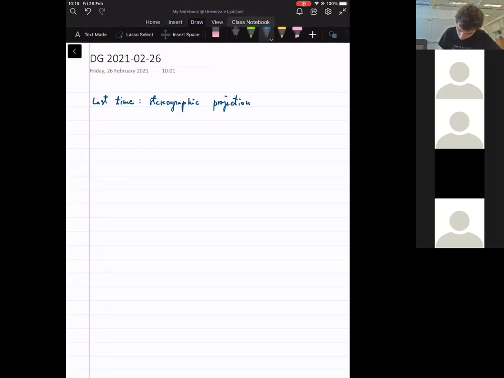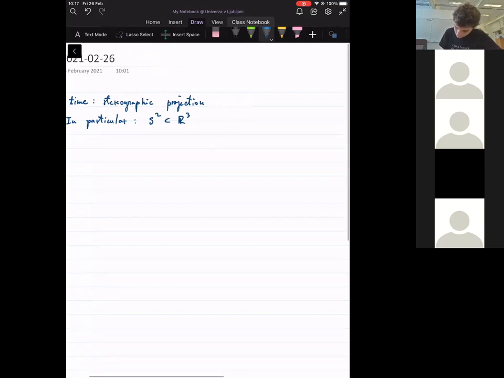So we have, in particular, S2 as a subset of R^3. Now we may identify this R^3 with the product of the complex plane with the reals.